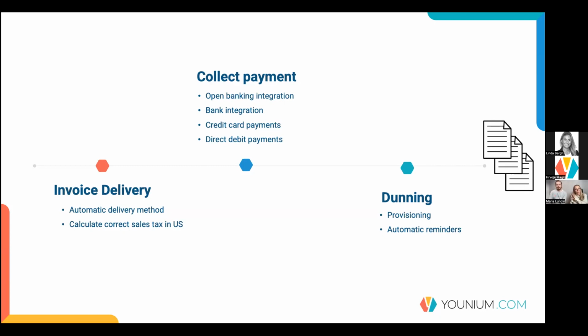So yeah, these are the three parts, but I also want to mention that when you post invoices and payments, if you don't work with accounts receivable in Younium today, Younium works like this. Younium registers the financial transactions in three, what we call, Younium journals. Maybe you've seen that in the head menu.